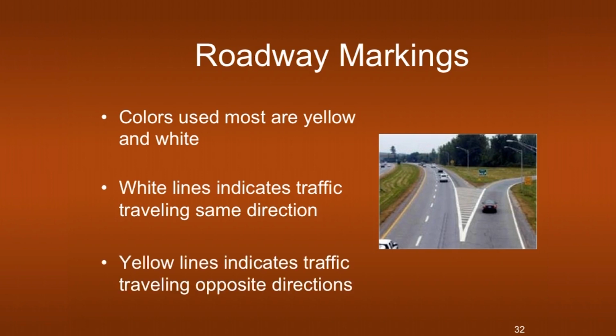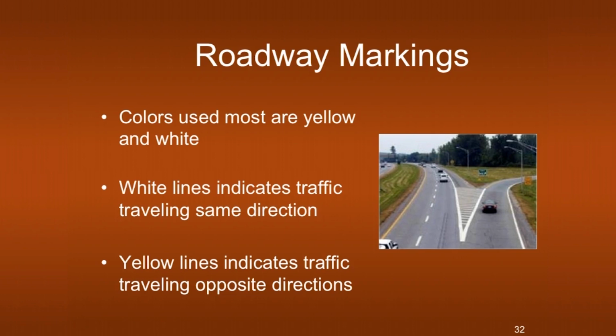So as you look here, what you see is an exit ramp on a limited access highway. You'll notice the dashed white lines. You'll notice it delineates between two lanes, and the traffic on either side of that white line is heading in the same direction. If you look off to the left side there, though, you'll see the yellow line.